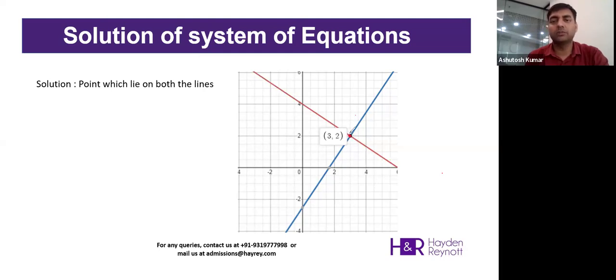This is the only point which satisfies both of the lines and is available on both the lines, and that is why this point of intersection will be the solution point for the given graph, or the system of equations.